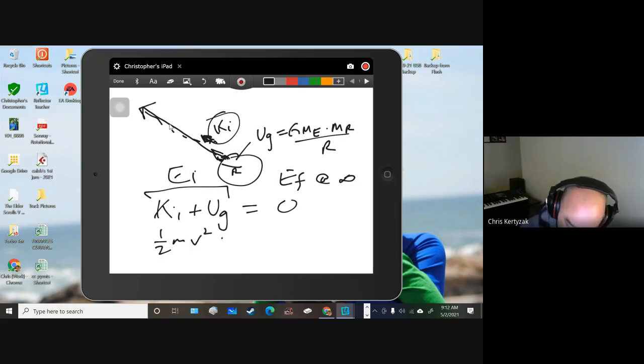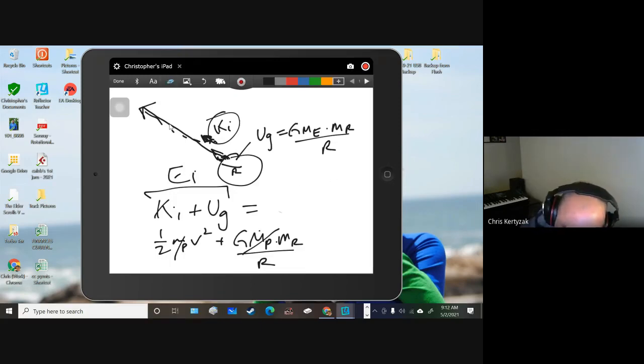Because I'm just trying to show you that that's how you get the escape velocity. Mass of the planet times the mass of the rocket over r. The mass of the rocket cancels. And if you were to solve that for the escape speed, multiply both sides by 2.